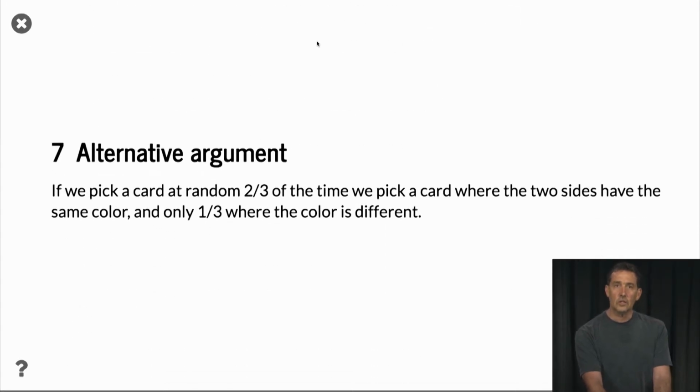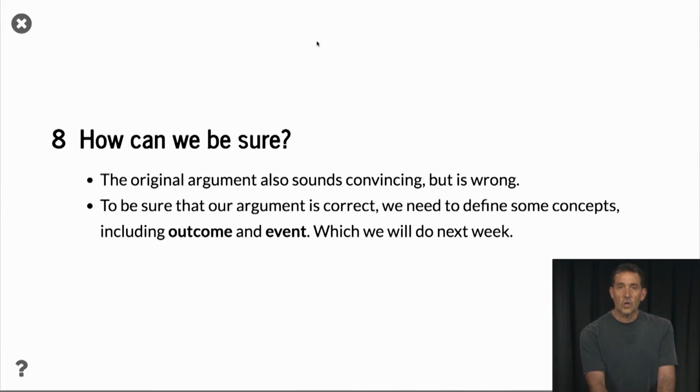So here's an alternative argument. If we pick a card at random, then 2/3 of the time we pick a card where the 2 sides have the same color, and only 1/3 where the color is different. So that basically explains what we saw. So supposedly now we understand the game, but the problem is the original argument also sounds convincing, but it is wrong.